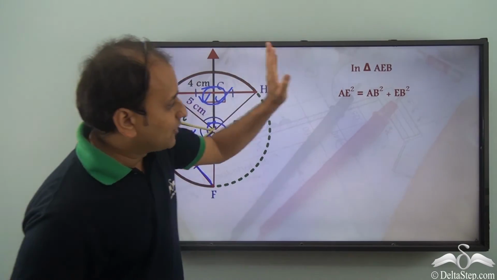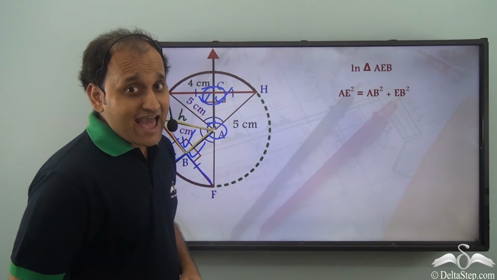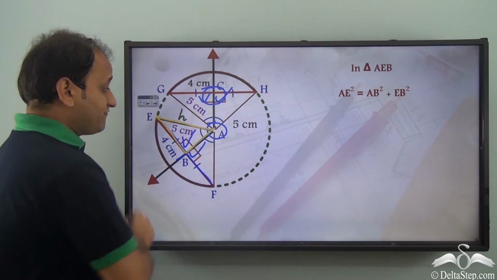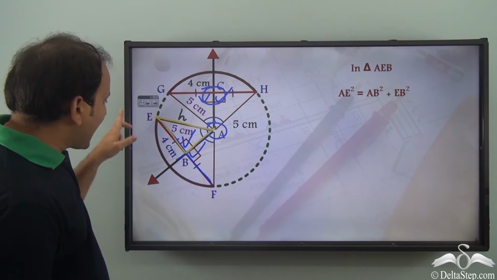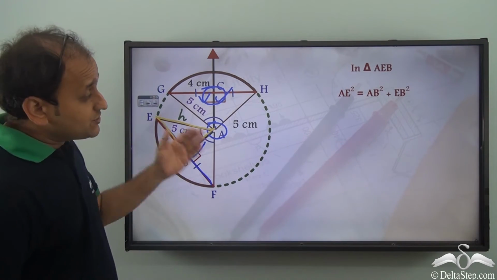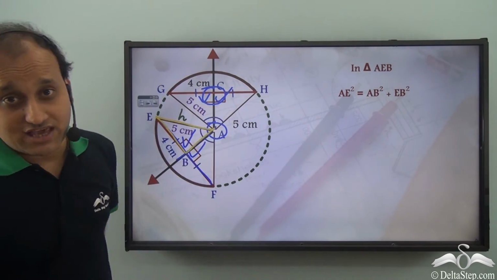Now from this we need to find out what information we already have. So in this case we have the length of AE because it is a radius. We also have the length of EB which we calculated earlier. So what will we do? We'll get both these sides on one side of the equation.